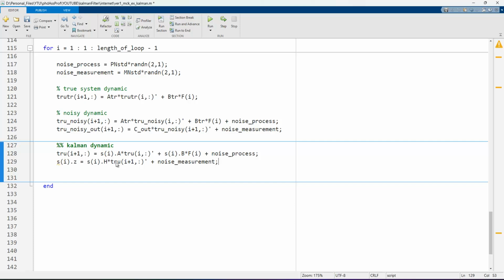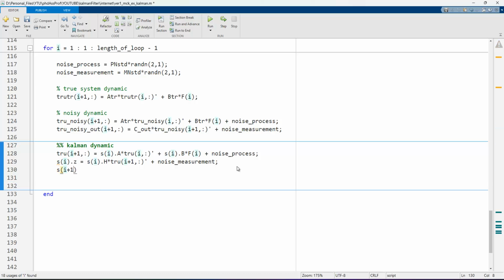See, in the Kalman dynamics we add one more value in here, because this is the noisy output, and this is the measured output, but we need to add the noise process and noise measurement in here. And after that, S(i+1) should be found from the Phi Kalman filter function with the argument of the structure S and Phi.